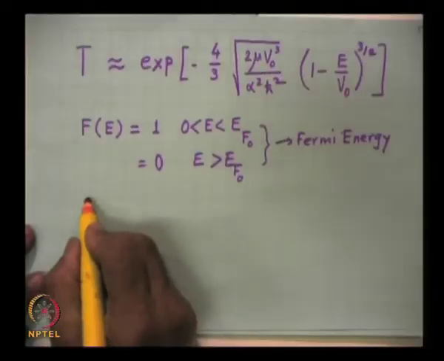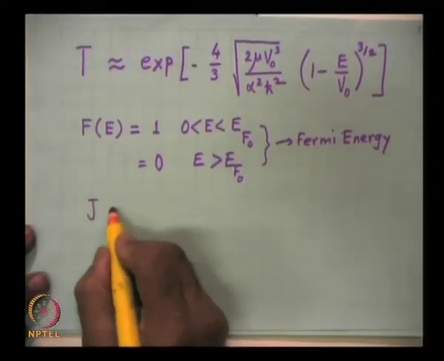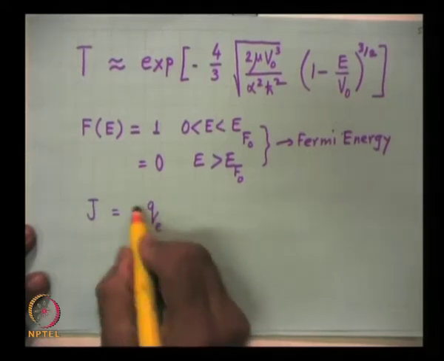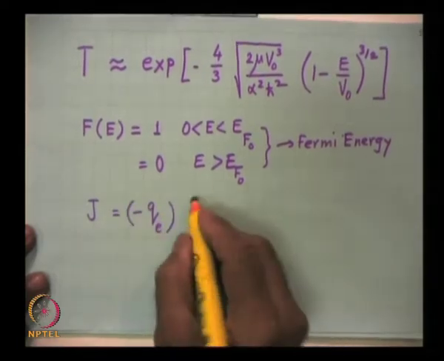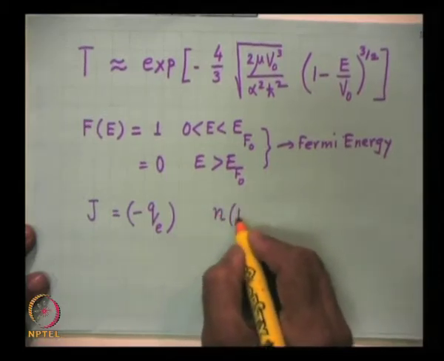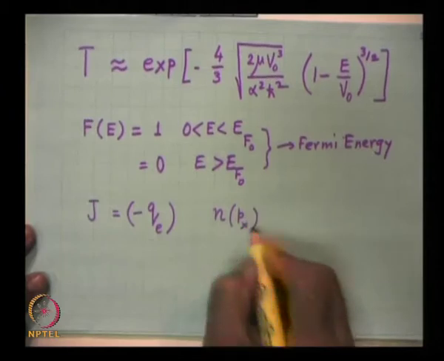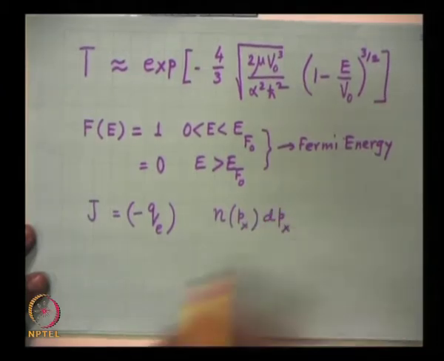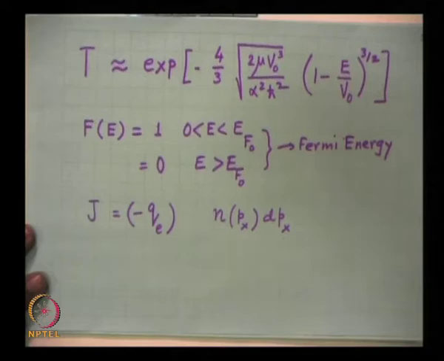What we will do is that the current density will be given by, say, the charge of the electron, let us suppose, minus q e, times the number of electrons per unit volume whose x component of the momentum lies between p x and p x plus d p x.